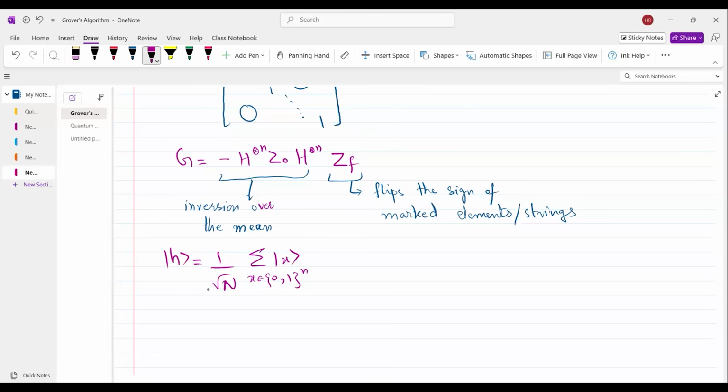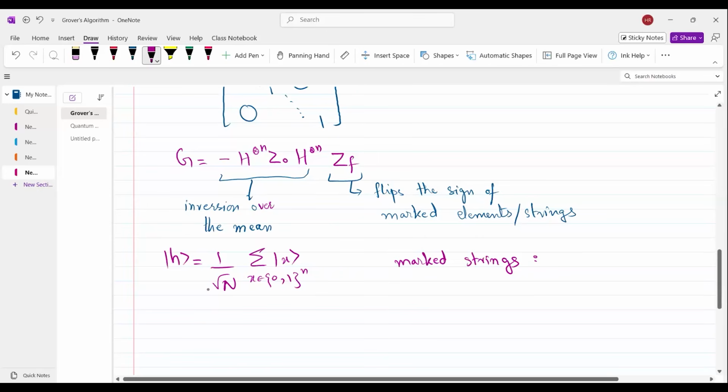By marked, I essentially mean, so let me write it so that there's no confusion. Marked strings, that means X such that f of X is equal to 1. And unmarked, so I'll be using these words frequently, so I want to make sure that everybody is on the same page.